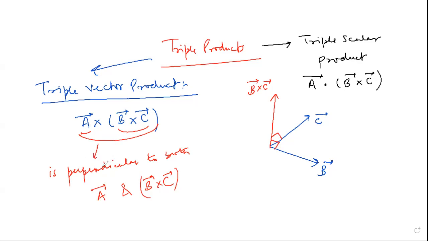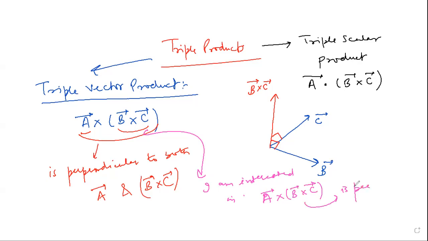Now, I am interested in this part, that A cross B cross C is perpendicular to B cross C, because I have to explain one thing that is connected to that part, right?